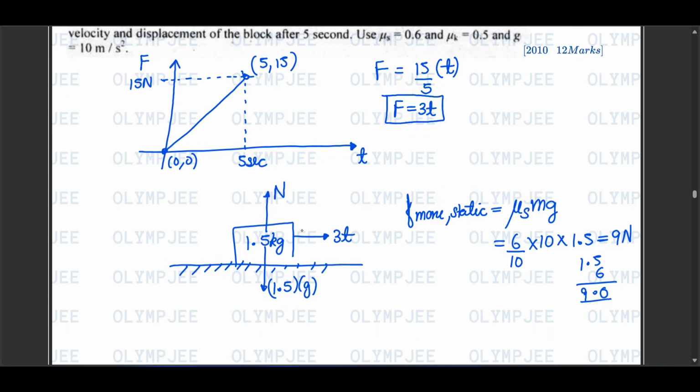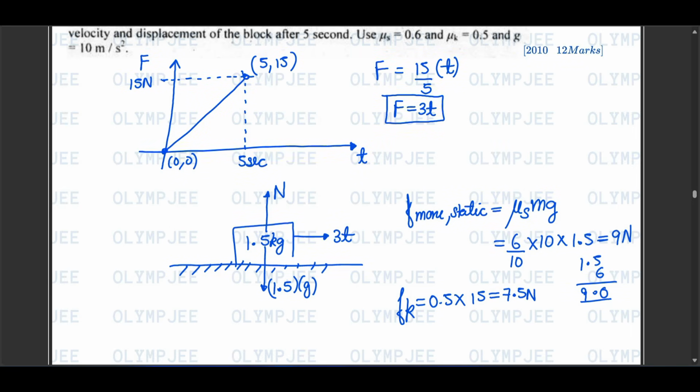So till 3t is less than 9 newtons, friction will be equal to the force, right? Because static friction is self-adjusting. And once this force becomes more than 9, then kinetic friction will start acting. And kinetic friction is 0.5 multiplied by 15, so this is 7.5.